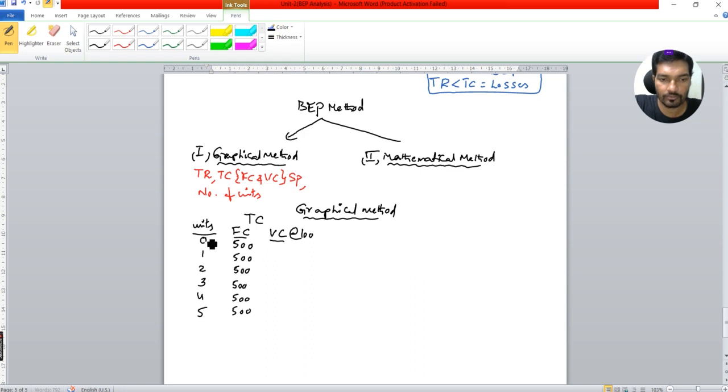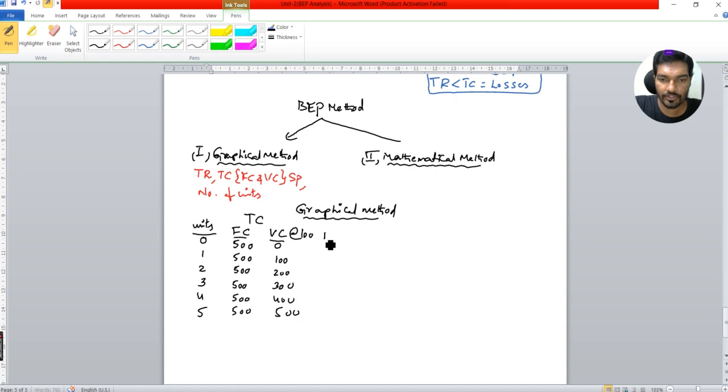When no products are manufactured, the variable cost is 0. When you start producing the first unit, the variable cost is 100. To produce 1 unit you have to spend 100 rupees. To produce 2 units, 200. Like that, 300, 400, 500.